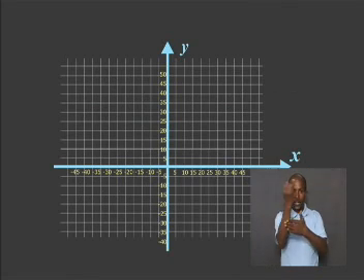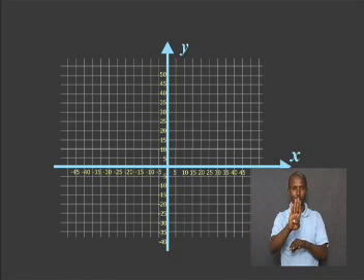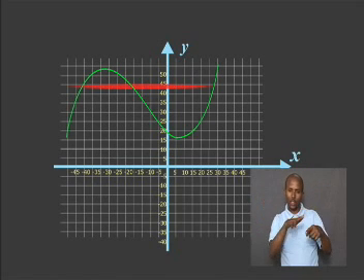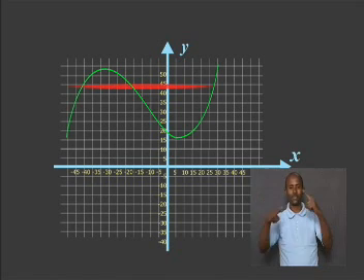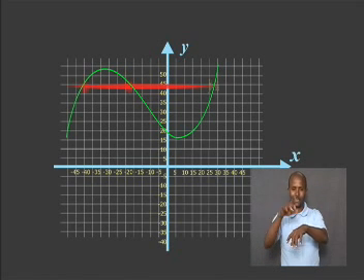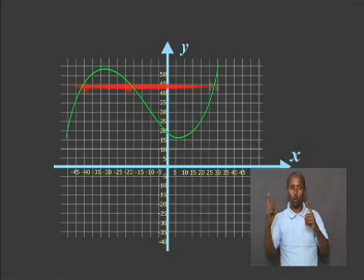The graph for function B looks like this. It is possible for a horizontal line to intersect with f up to 3 times, so it is not a one-to-one function.